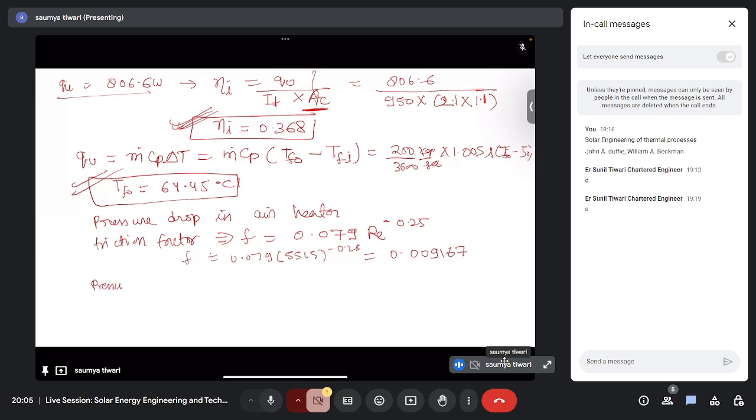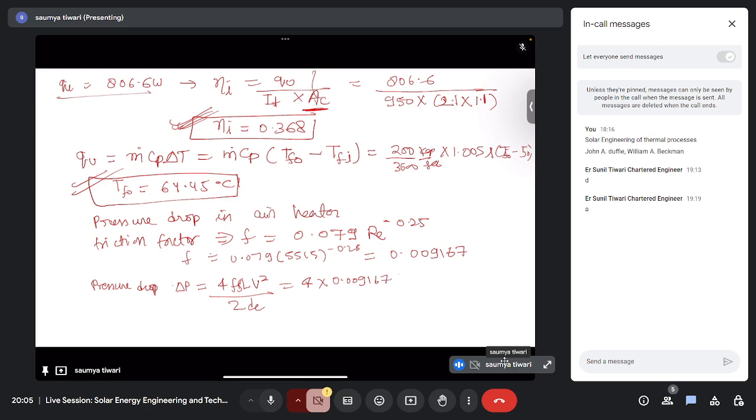So the pressure drop delta P will be 4 f L V square, and rho is also there, upon 2 into equivalent diameter. So we'll put the values. For friction factor we know the value 0.009167.